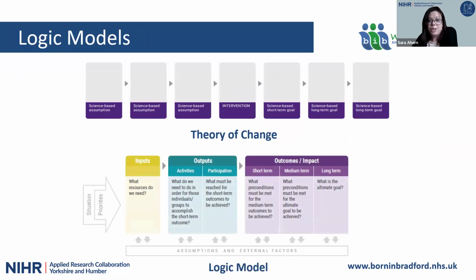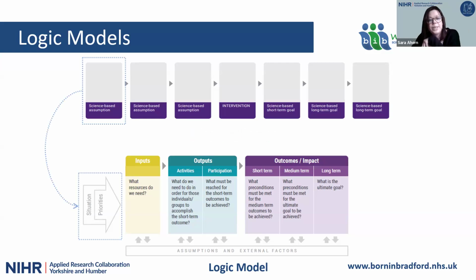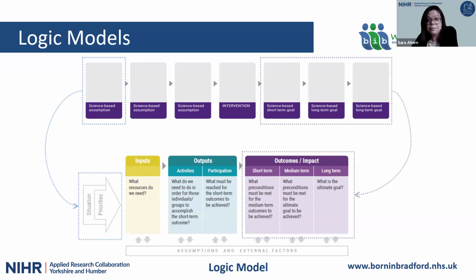And then we come to our logic model. And this is a sort of translation from one thing into the other. So why are we doing what we're doing remains the same. What is the current situation and what are our priorities? Our outcomes should be liftable straight from the theory of change into the logic model as well. But what's different is what sits in this middle bit, the inputs and the outputs.